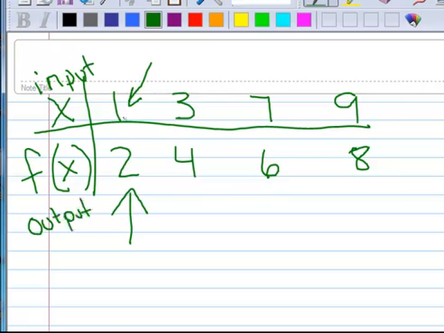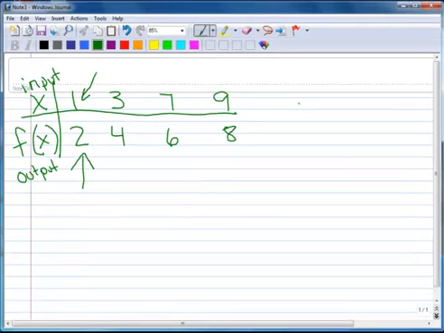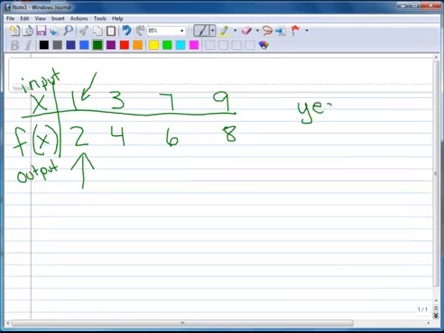In other words, if I put 1 in, and it looks like I get out 2 in this particular case, then every time I put 1 in, I have to get out 2. And it looks like I'm putting 3 in and I get out 4, and I put 7 and I get out 6, and I put 9 and I get out 8. So for all 4 of these inputs up here, I get a unique output. So in this case, yes, it's a function.